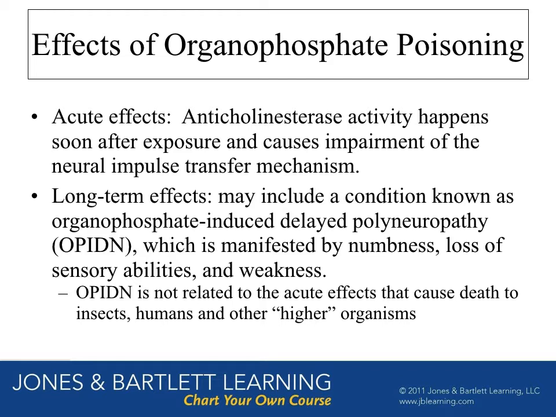And so it's a neurotoxin. It breaks down the ability of the nervous system to send nerve impulses, and essentially causes paralysis, both of the muscular system and the respiratory system. So these are acute effects, and again, they happen very quickly.